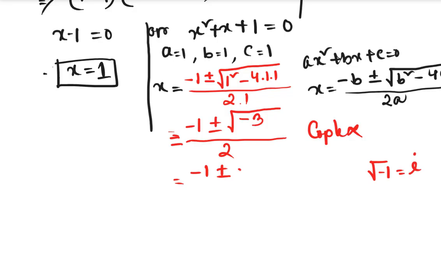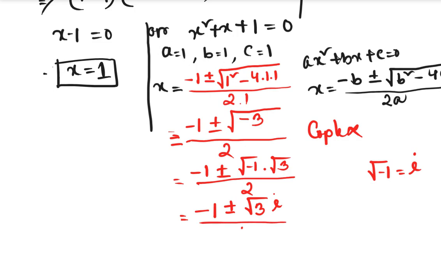So here we can write minus 1 plus or minus the square root of 3 times i over 2.